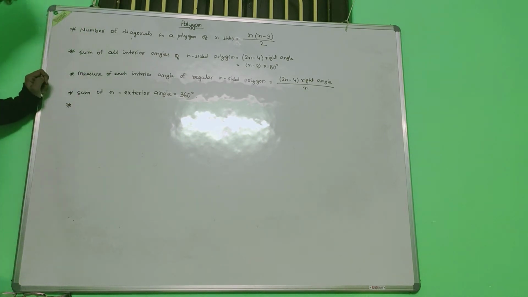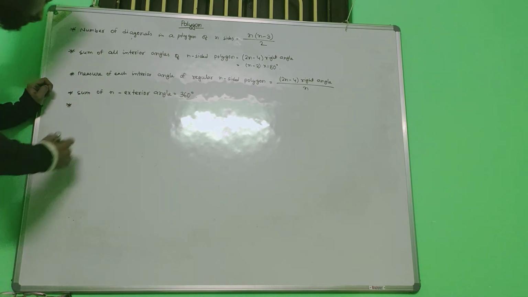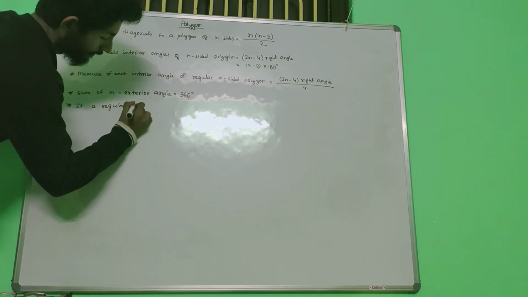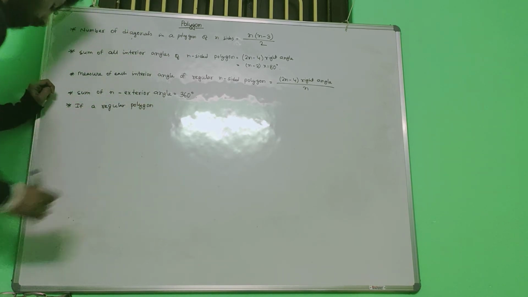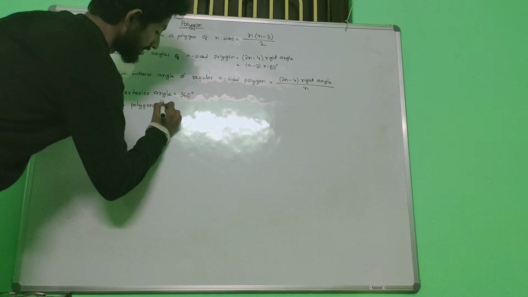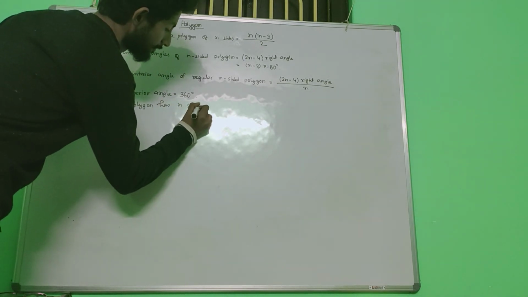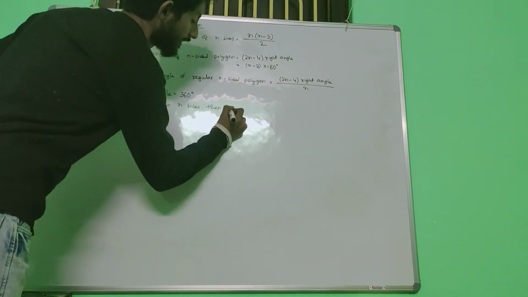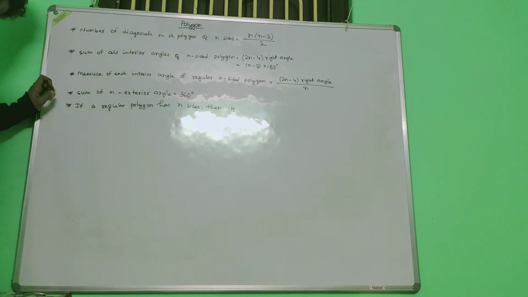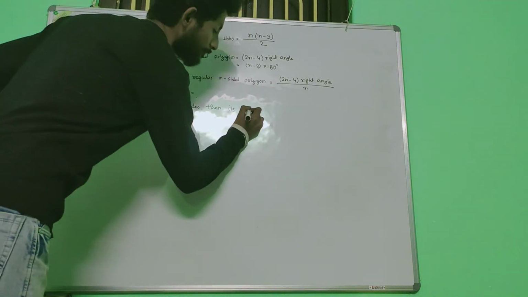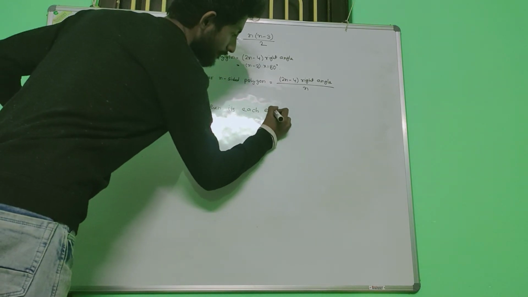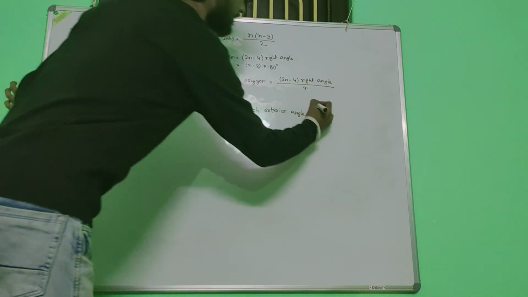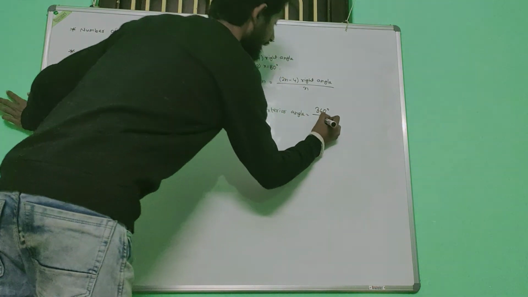Now the next one: if a regular polygon has n sides, then each exterior angle will be equal to 360 degrees divided by n.